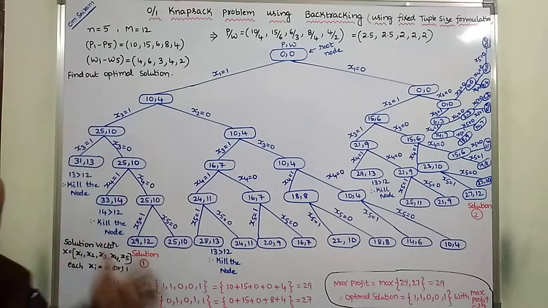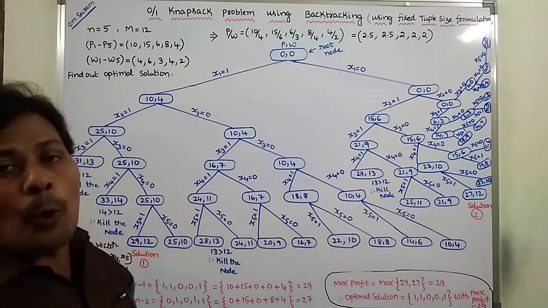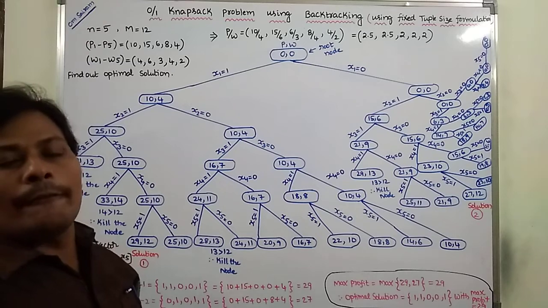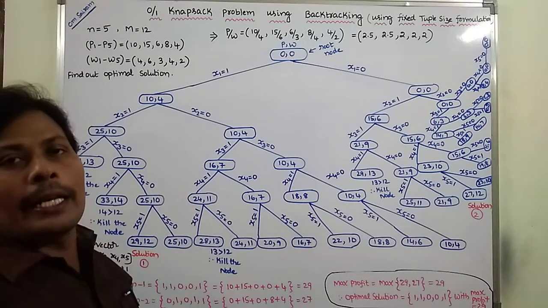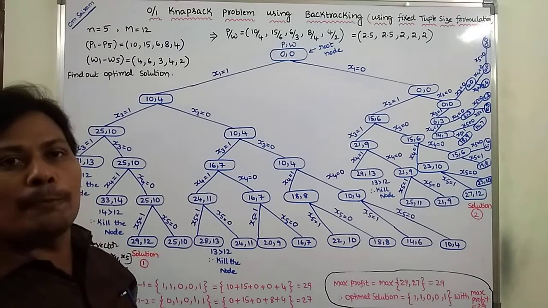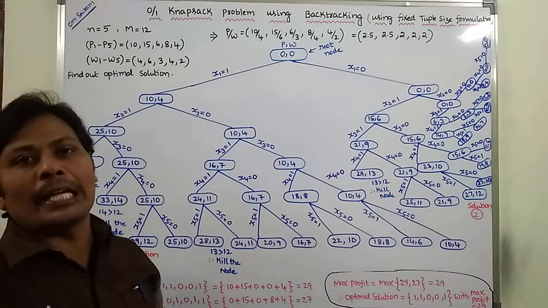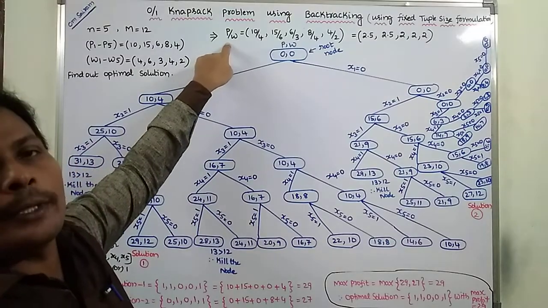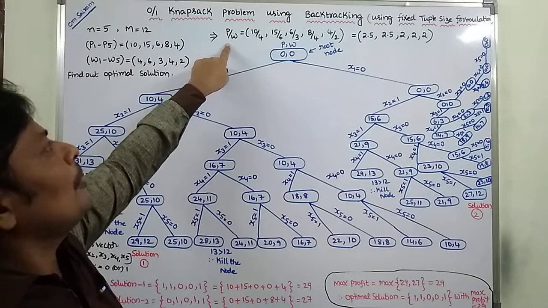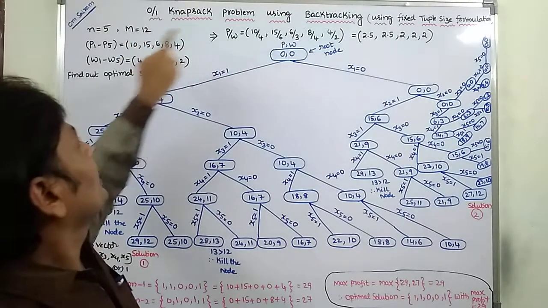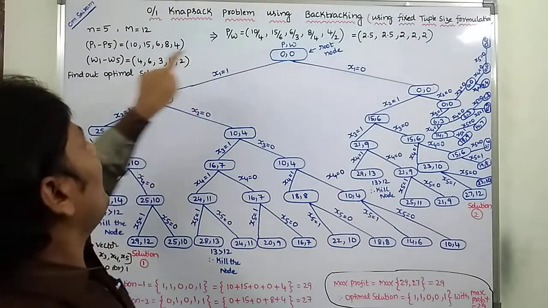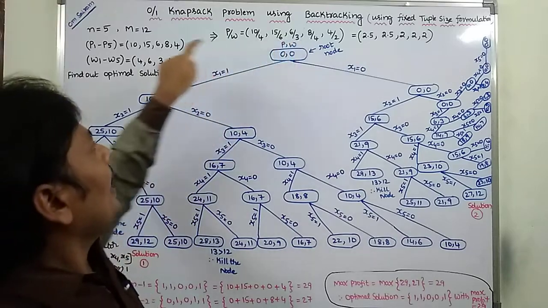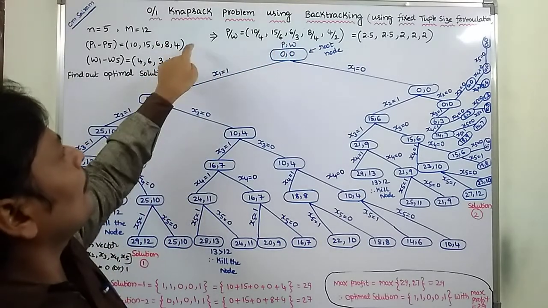In the greedy method, the optimal solution for the fractional knapsack problem can be obtained by using the P by W ratio. In the same way, we find the P by W ratio, which is 10 by 4, 15 by 6, 6 by 3, 8 by 4, 4 by 2.